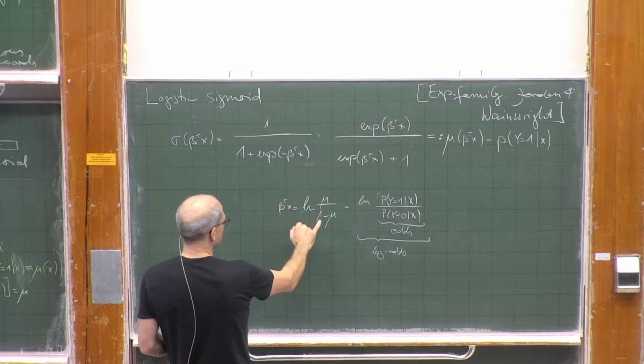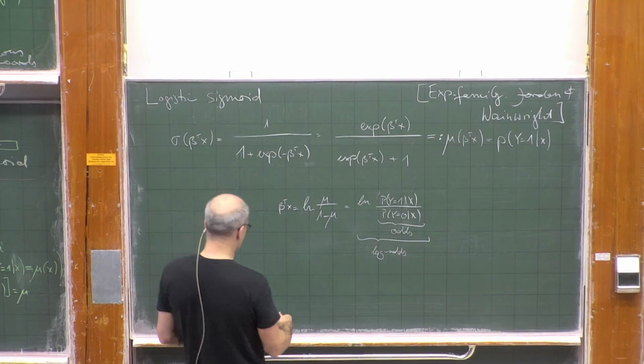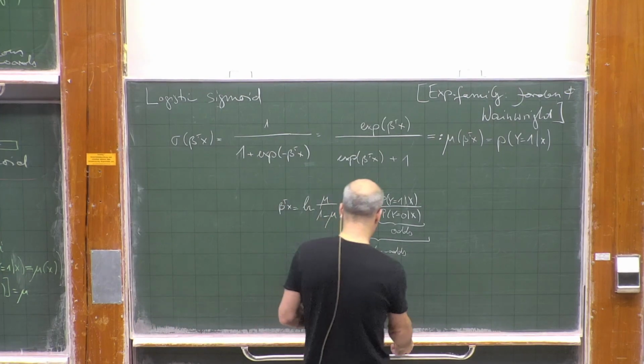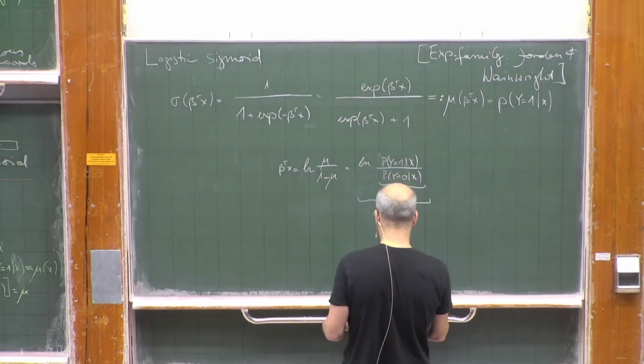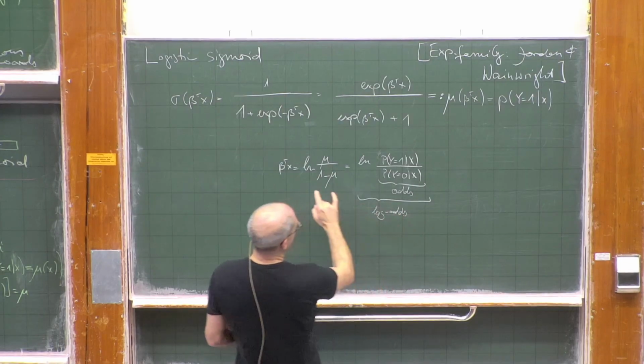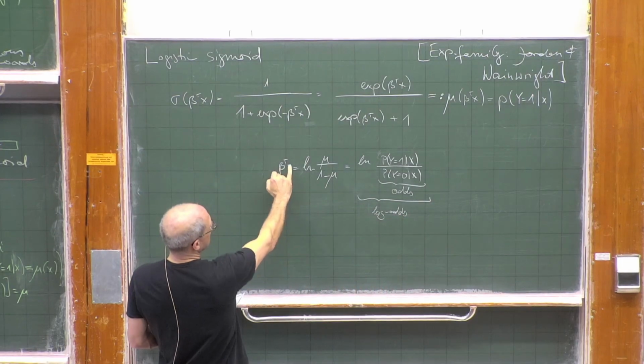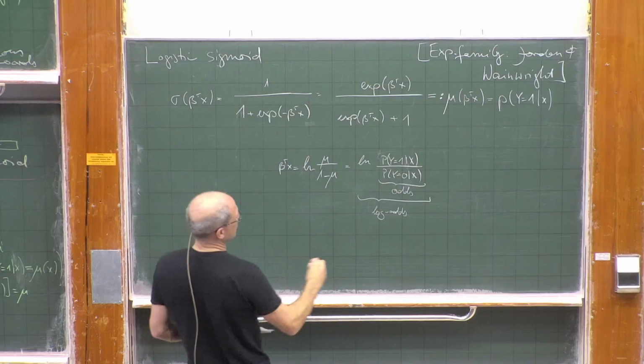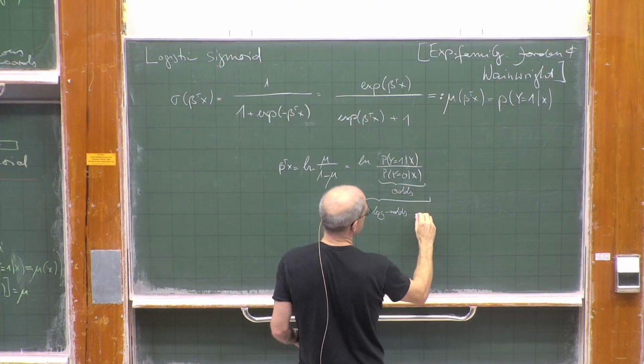And the log odds here are now, for us, linear in beta transpose x.